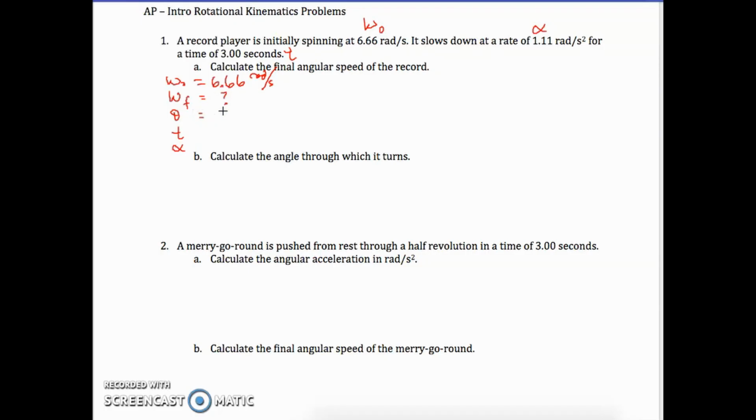So we are given the original speed, the acceleration, and the time. And then we are asked for the final angular speed and the angle that they turn through, so those get question marks.